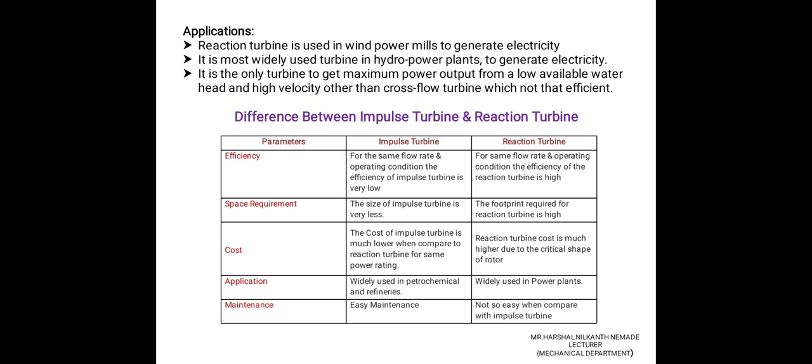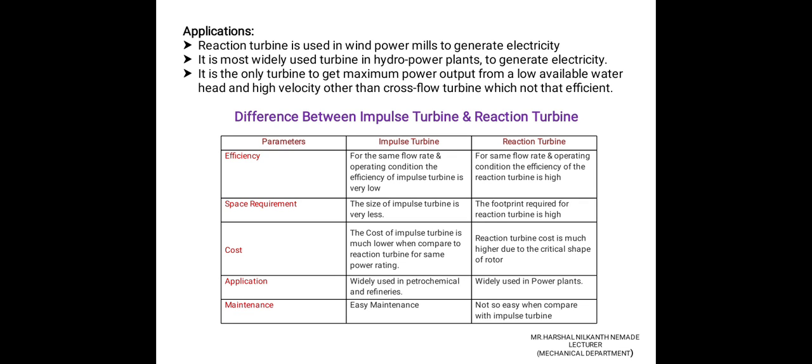Applications we will see. The reaction turbine is used in wind power mills to generate electricity. It is most widely used as the turbine of hydropower plants to generate electricity. It is the only turbine to get maximum power output from a low available water head and high velocity, other than the cross flow turbine, which is not that efficient.